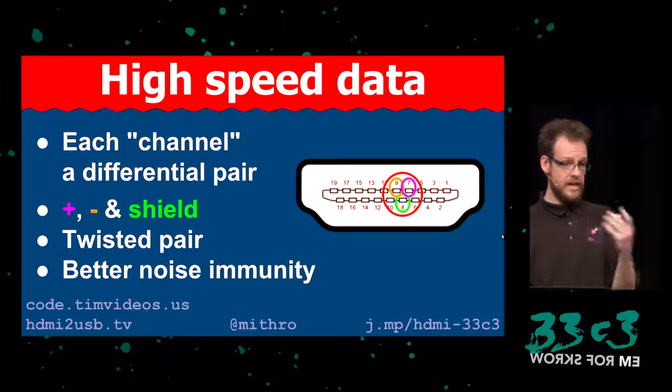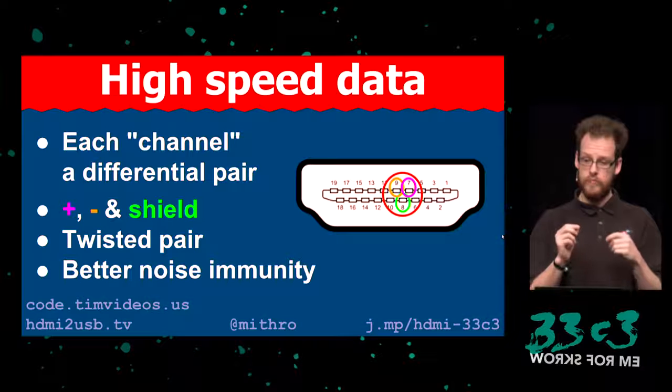They use twisted pair to try and reduce the noise reception of these, because these are quite high speed. And they have a dedicated shield to try and, again, reduce the noise that is captured.